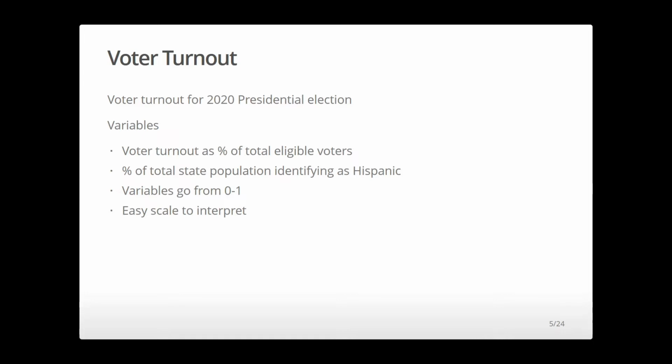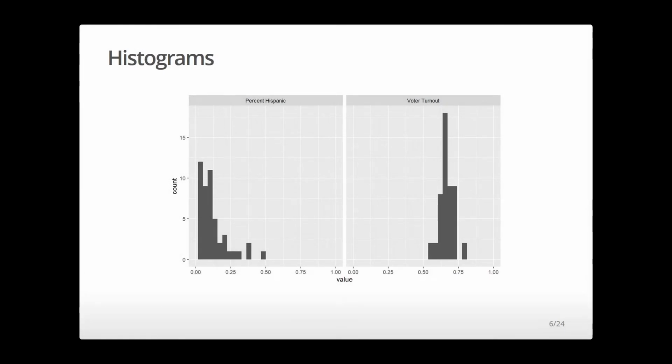Our variables are voter turnout as a percentage of the total eligible voters in that state, and the percent of the total state's population that identifies as Hispanic, two continuous variables. First, it might be interesting to see how these variables vary in isolation. So let's make two histograms as we've done in previous modules and see what we get.